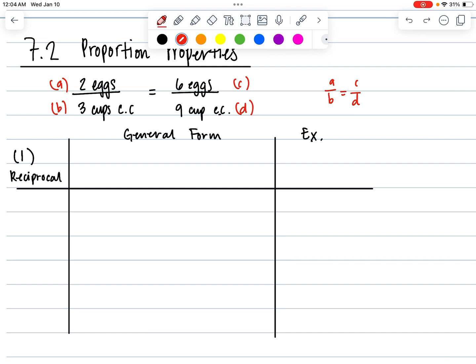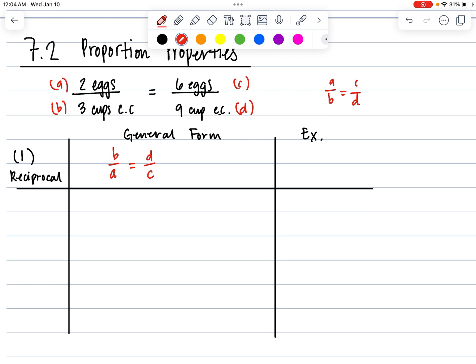If we took the reciprocals of this, the reciprocal means take the fraction, you flip it. This would actually be B over A is equal to, and then the reciprocal of C over D is D over C. And this would actually work as well as a problem.